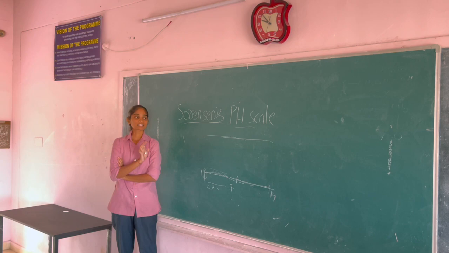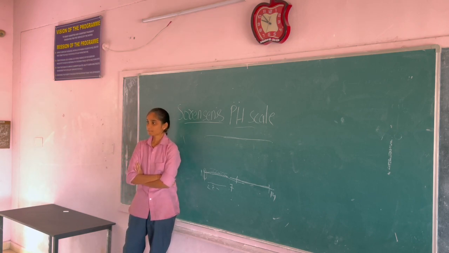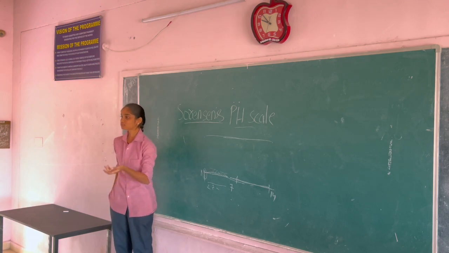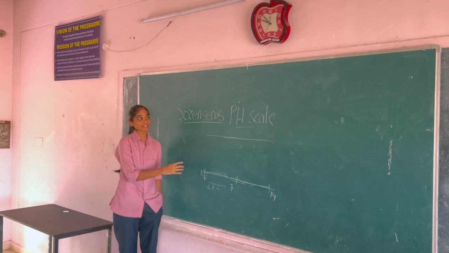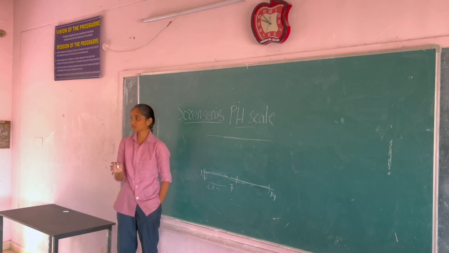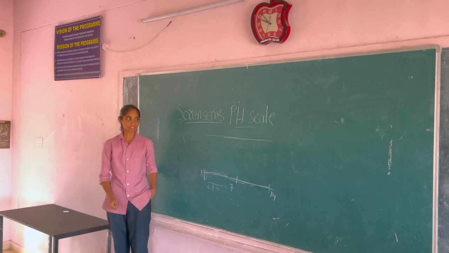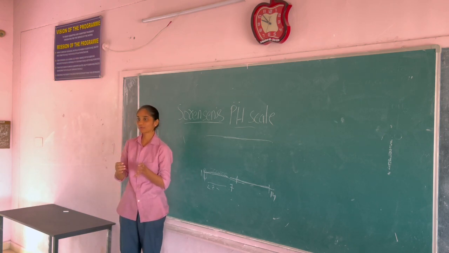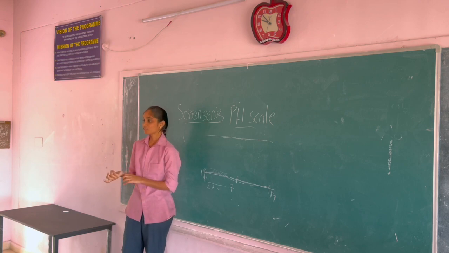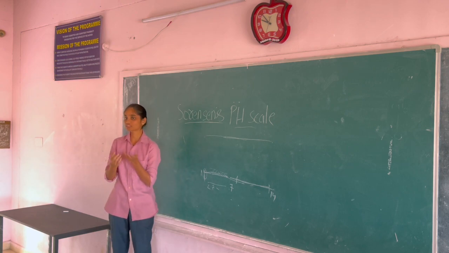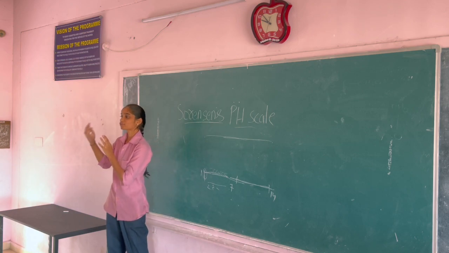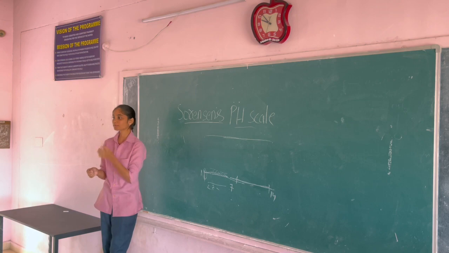So why do we need this pH scale? Why do we need to measure the pH of a given solution, compound or substance? For formulation, we are formulating so many medications and dosage forms in the pharmacy field. Each and every formulation has an optimum pH.